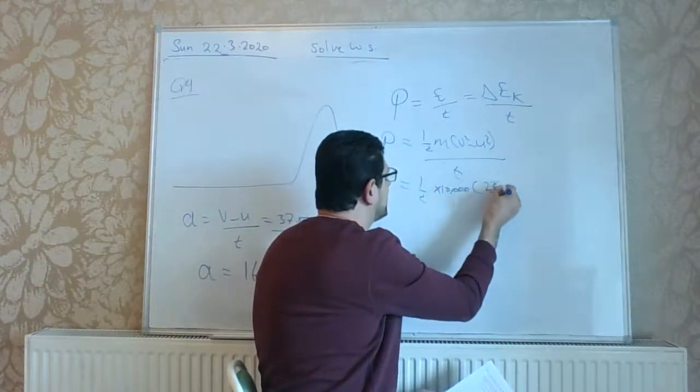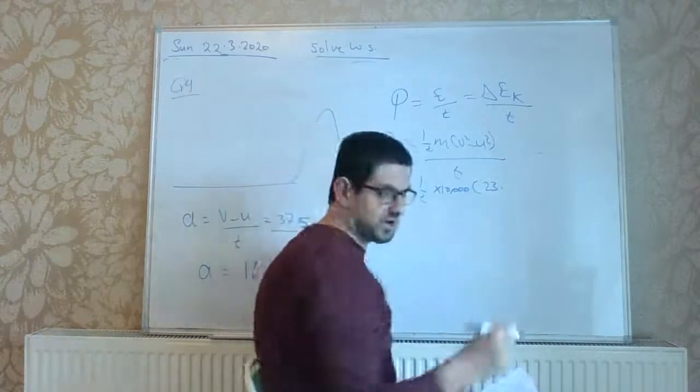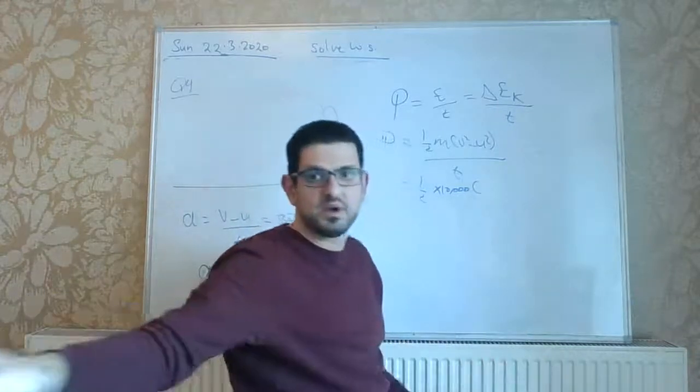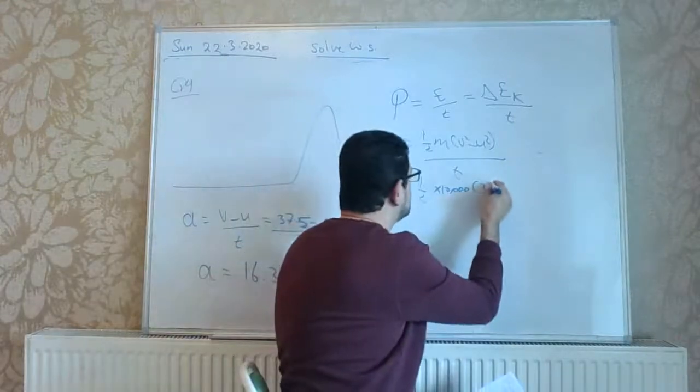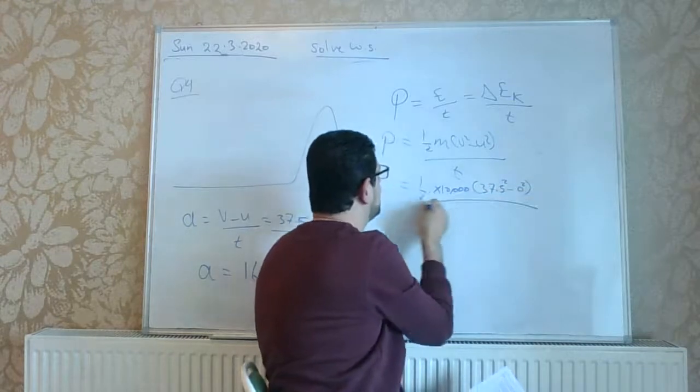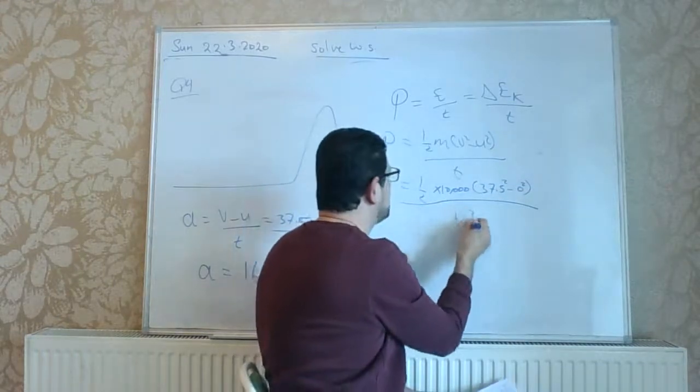The final speed is 37.5. Then 37.5 squared minus 0 squared over time, which is 2.3.